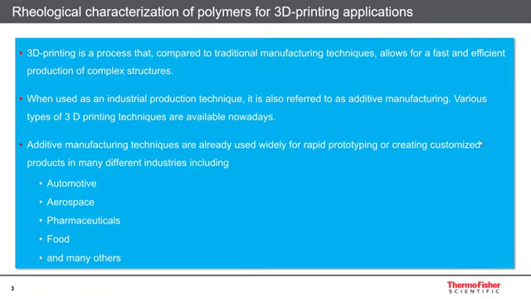And there are many industries in which additive manufacturing techniques are already being used, for instance for rapid prototyping or for the production of individual custom-made products. Some of these industries are shown here, and they include automotive, aerospace, pharmaceuticals, and there are even food products that are printed with 3D techniques nowadays. And beside those shown here, there are many other industries that are using 3D printing techniques already quite frequently.